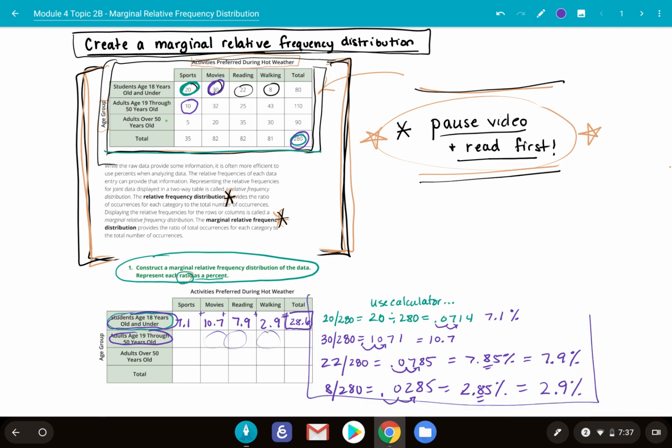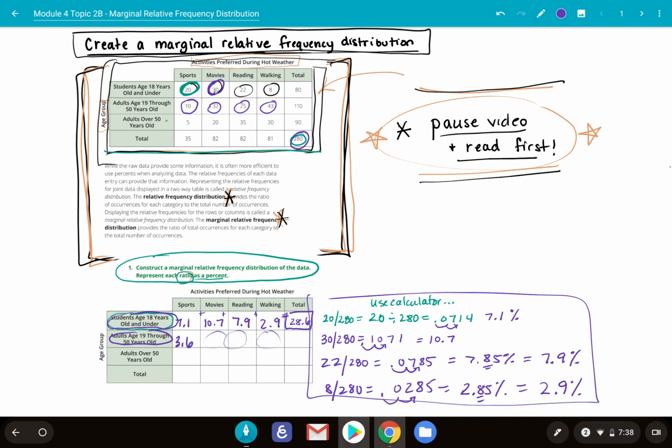So just repeat this process, except you're just using these values for the 19 to 50-year-olds instead. And I'm just going to continuously do that too. So 10 divided by 280 is 0.0357. So I can round that to 3.6%.